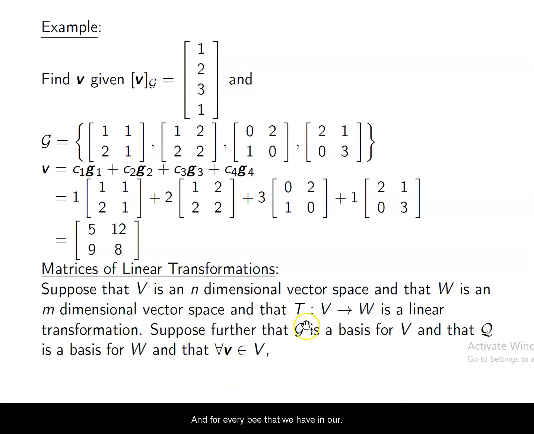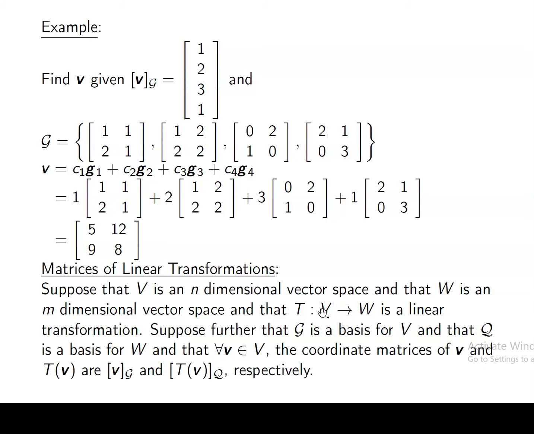And for every V that we have in our domain space, our vector space V, the coordinate matrices of V and TV respectively are V of G, because the basis for V is G, so anything in V has a representation as a coordinate vector in terms of G. Anything in the codomain, in the range, which are images of V under the transformation, will have a vector representation under Q because the basis for W is Q. So V goes to T of V, but V has a representation of G in our space V because that is the basis for V. Our outputs, T of V, will have a representation under Q because Q is the basis for our codomain space, our range.